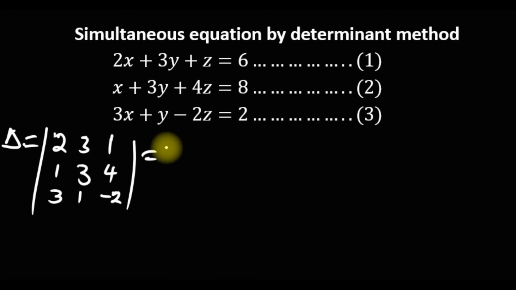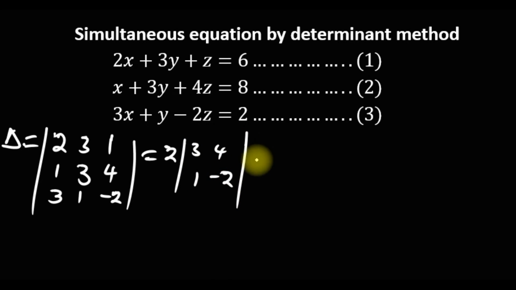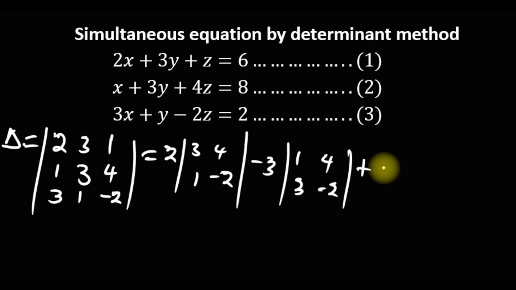I'm choosing the first row, so I have 2 times the determinant of 3, 4, 1, minus 2, minus 3 times the determinant of 1, 4, 3, minus 2, finally plus 1 times the determinant of 1, 3, 3, 1.